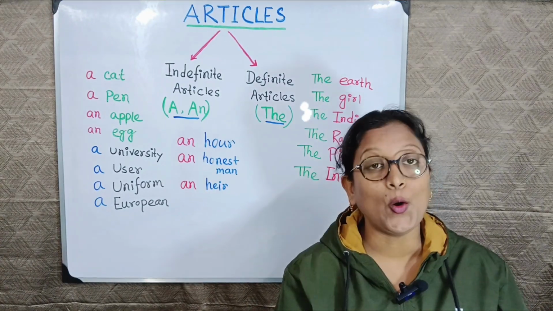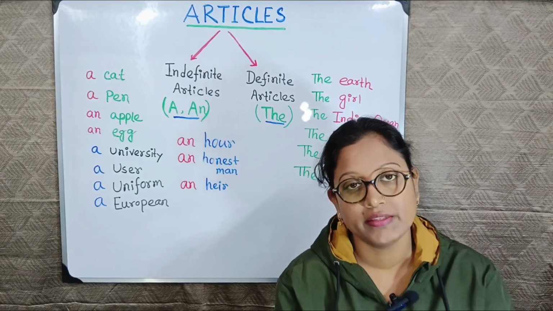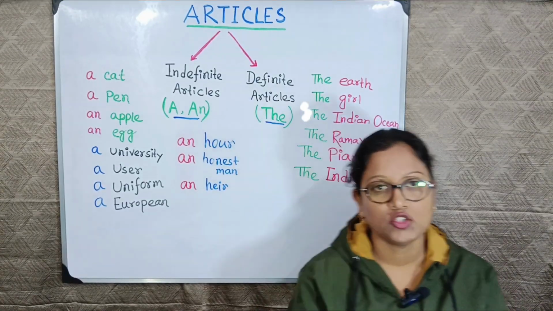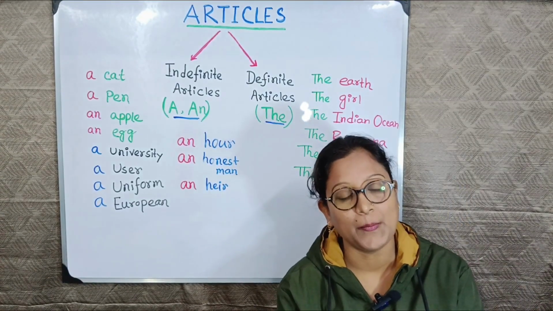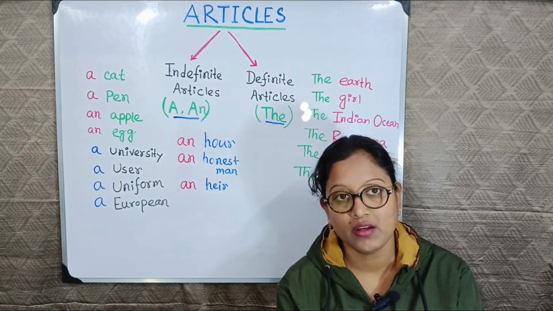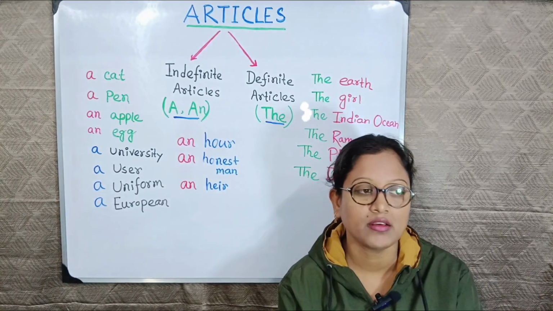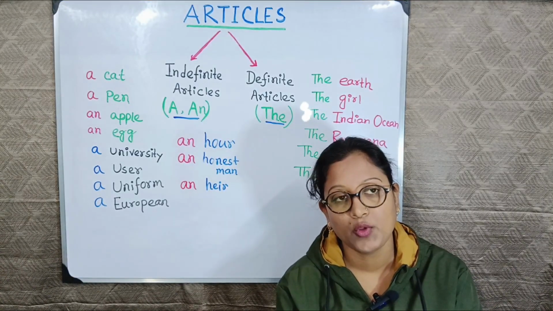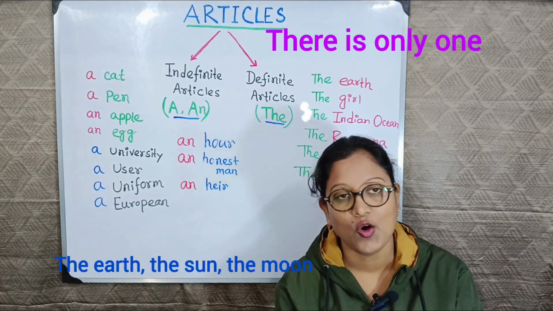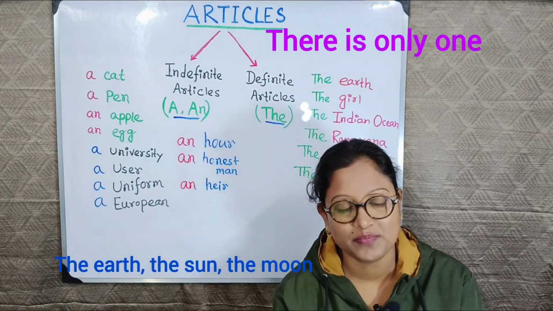Okay? Now we will learn the definite article the. So from the name itself we get the meaning. It is denoting any particular person or thing, right? So we use the when it is denoting the only one or any particular.